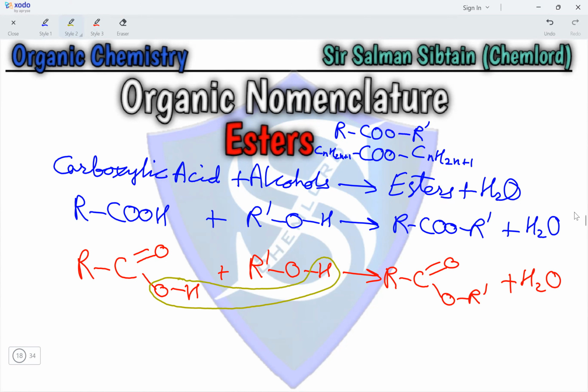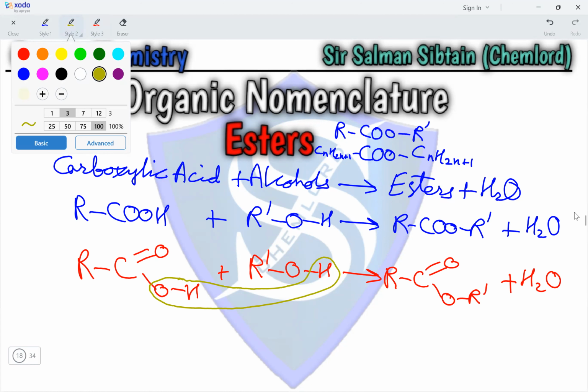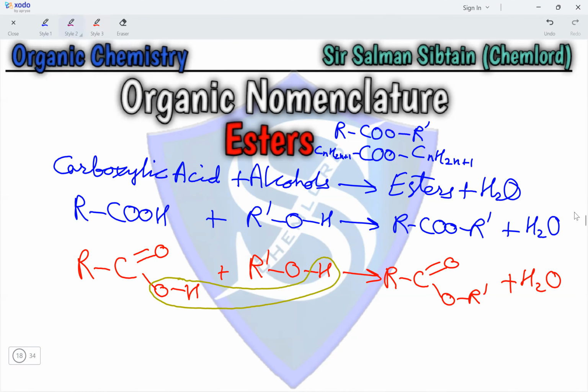The OH group is removed from the carboxyl group and the hydrogen atom is removed from ROH. So the entire RO in the ester, this part belongs to the alcohol, and the rest, RC double bond O, belongs to the carboxylic acids.